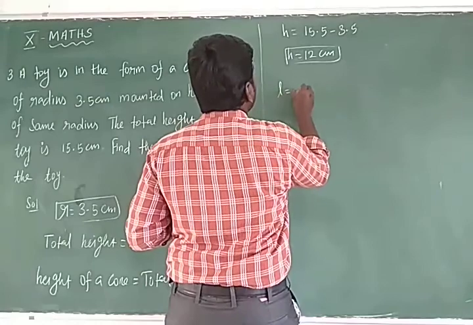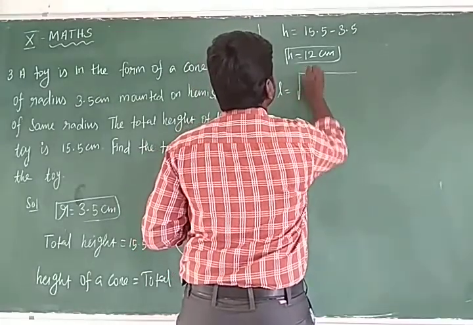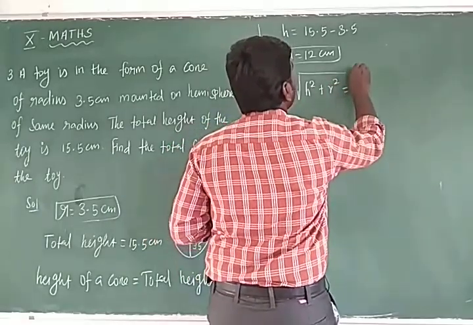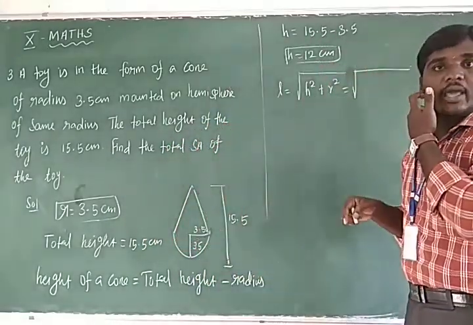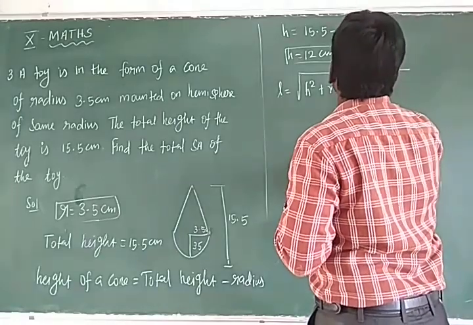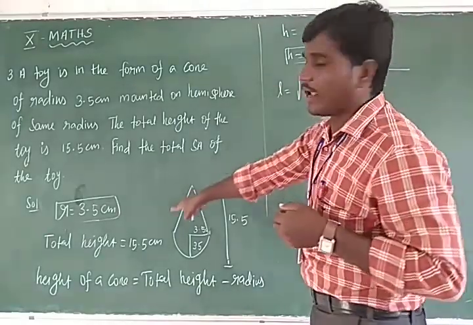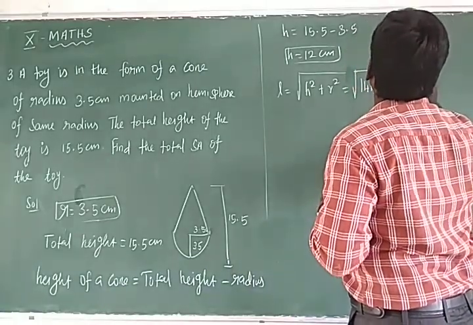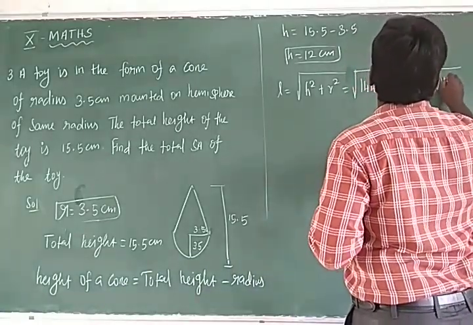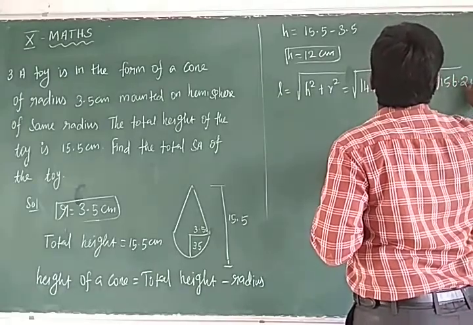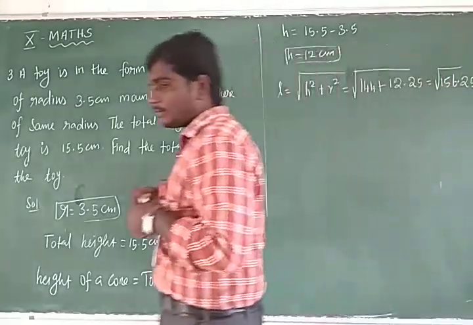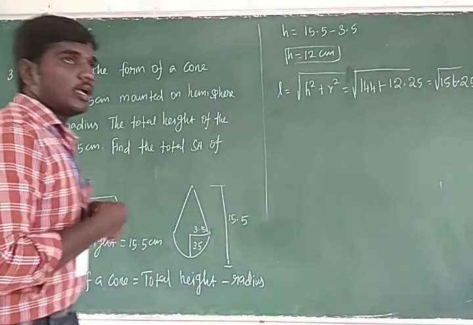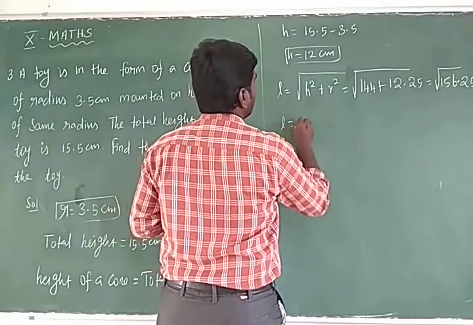Slant height l is equal to the square root of h square plus r square. 12 square is 144, plus 3.5 square is 12.25. Adding, we get 156.25.